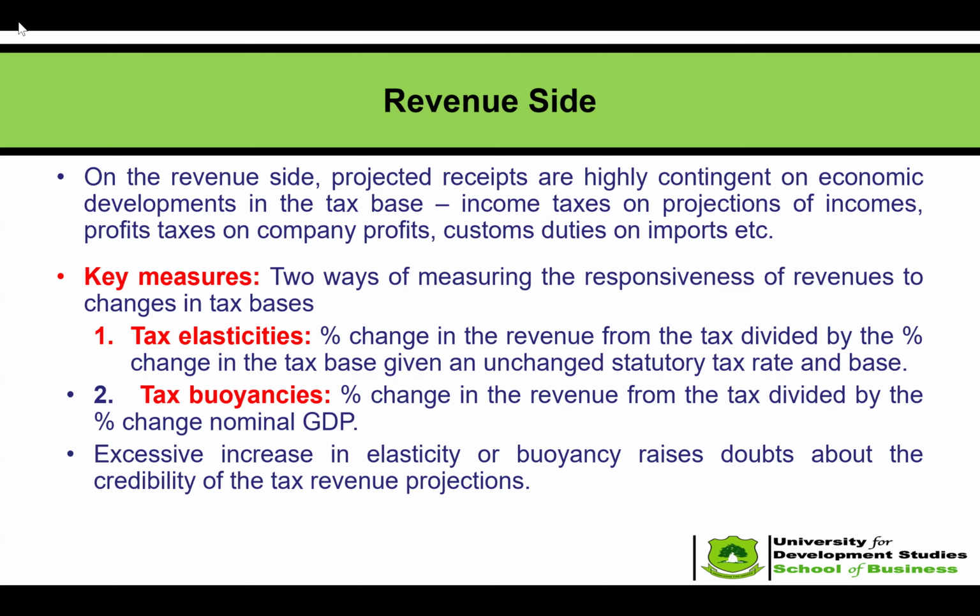Because with the tax buoyancies, we are looking at the changes in your revenue as a result of the changes in the size of the economy. So as the economy continues to grow, you get more taxes, because the amount of production of goods and services done in a country also influences how much revenue government gets.